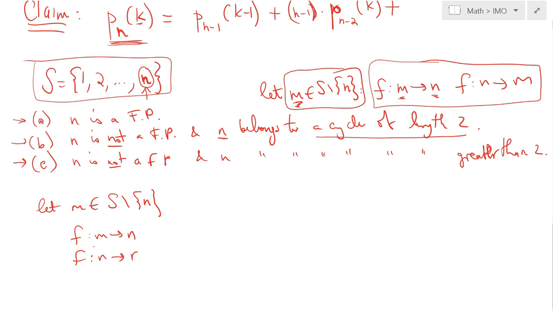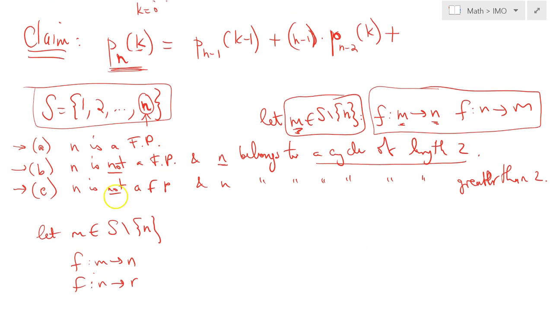But do you see that n is part of a cycle which has size at least 3 here? Now, to count the number of permutations with this feature, again there are n minus 1 ways to pick m, so no wonder we will still have an n minus 1 here.